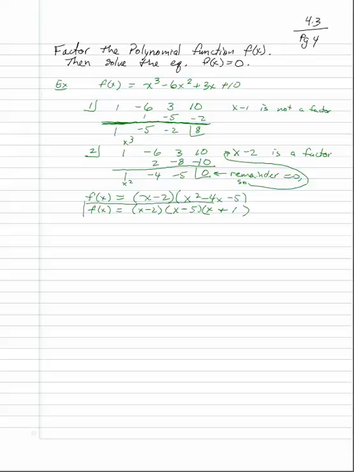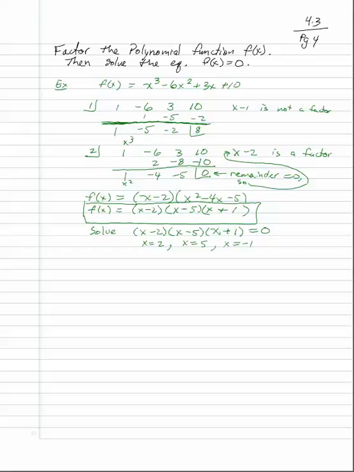It's factored completely. Now we're going to solve it. We're going to find the zeros for it, so we're going to solve this equation. So we're just going to add 2, we're going to add 5, we're going to subtract 1.